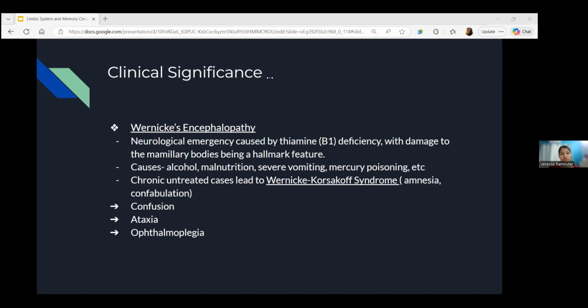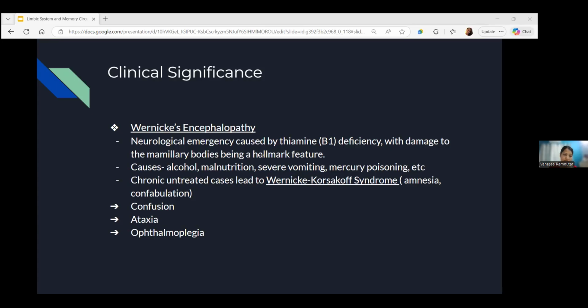Then you have Wernicke's encephalopathy. This is a neurological emergency caused by thiamine deficiency with damage to the mammillary bodies being a hallmark feature. Without thiamine, there is an inability to convert pyruvate to acetyl-CoA, and this results in a buildup of lactate, which causes gliosis and hemorrhage within the mammillary body, and this leads to amnesia.